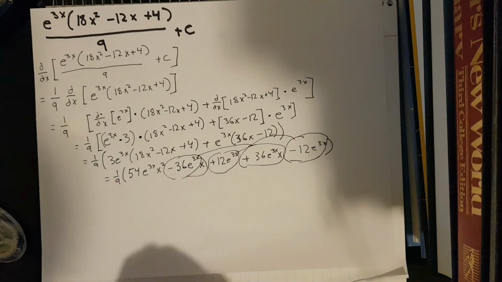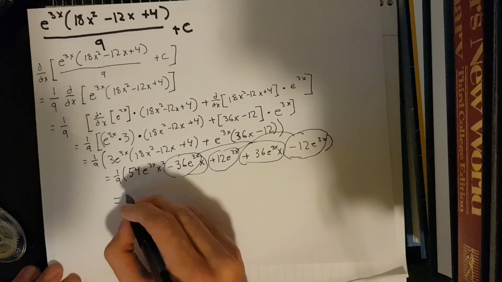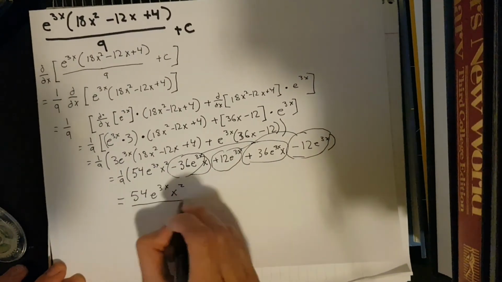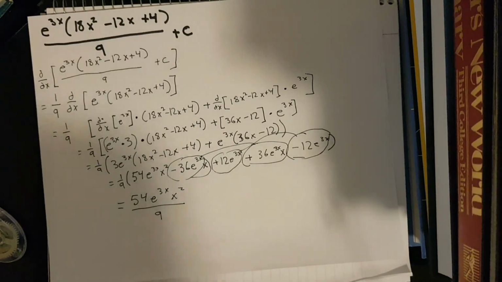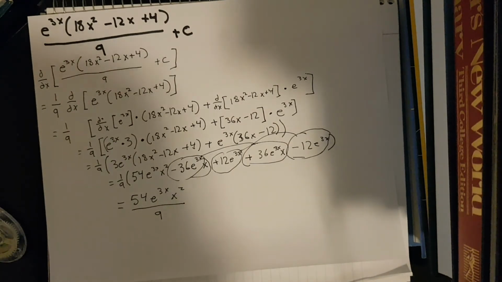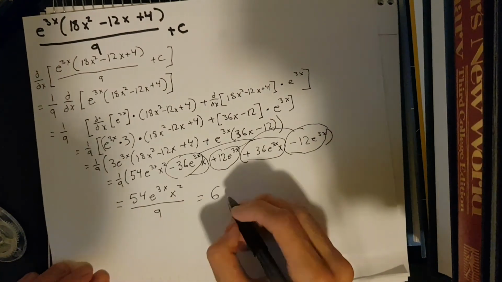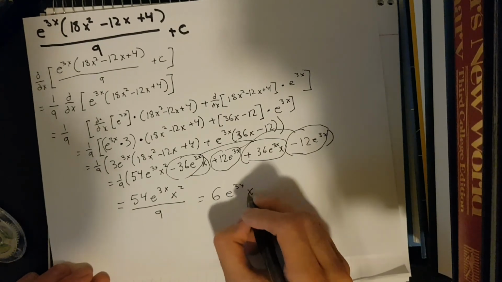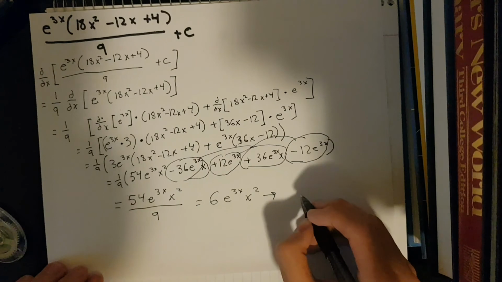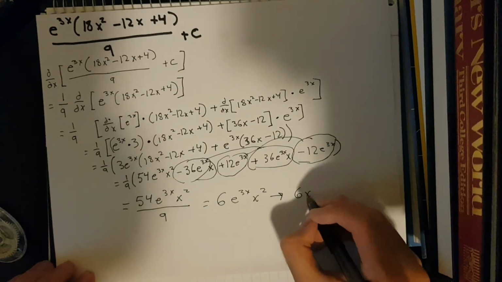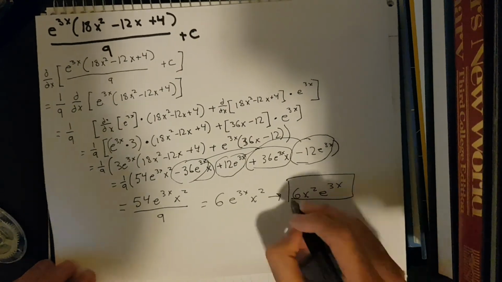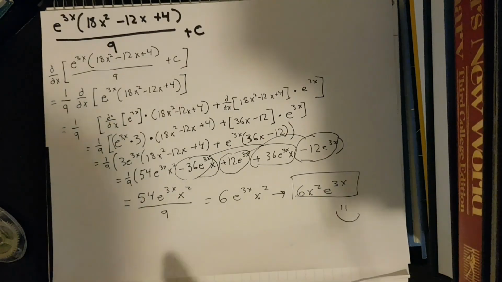So what we're left with is just 54 e to the 3x x squared over 9. All right, so we can simplify this. 54 divided by 9 would be 6. So we get 6 e to the 3x x squared. And if we rewrite it, we get 6x squared e to the 3x. And that was our original problem. And we're done.